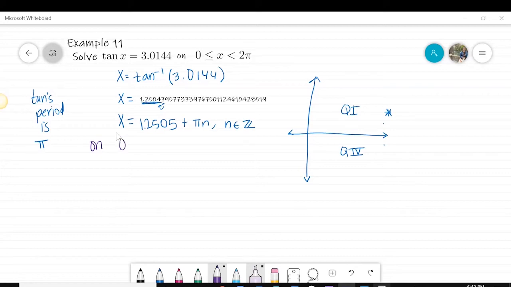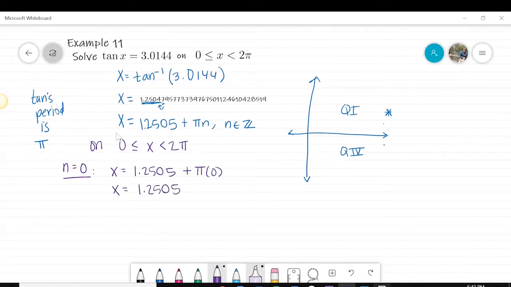I can write it as the inequality here, right? So remember what we did in the past, n is equal to 0. So we're looking at x is 1.2505 plus pi times 0, right, which is clearly 1.2505.